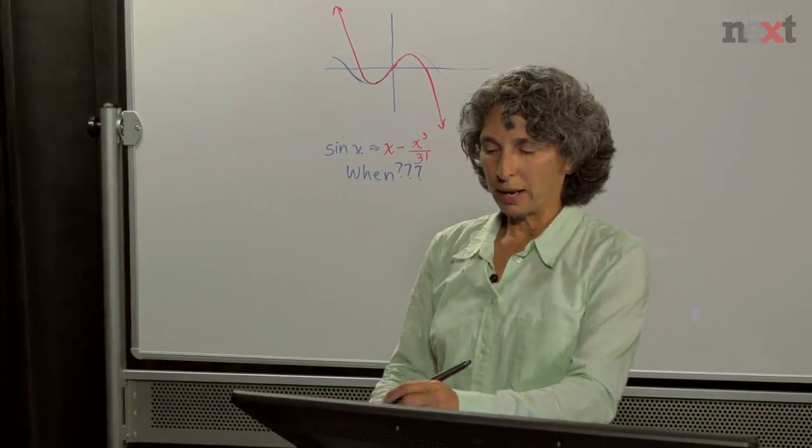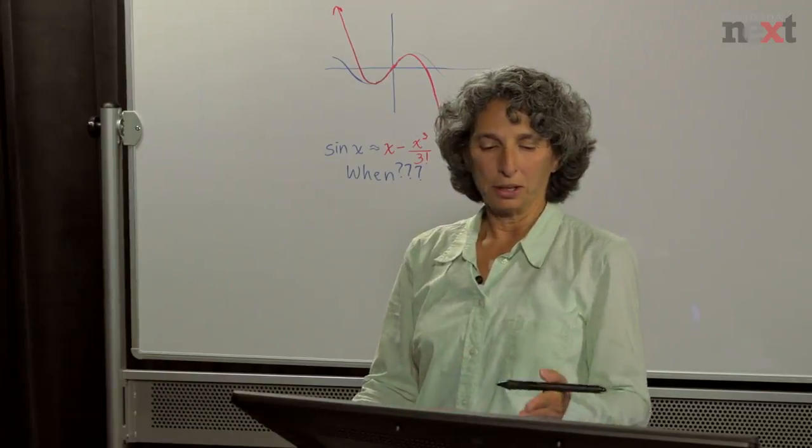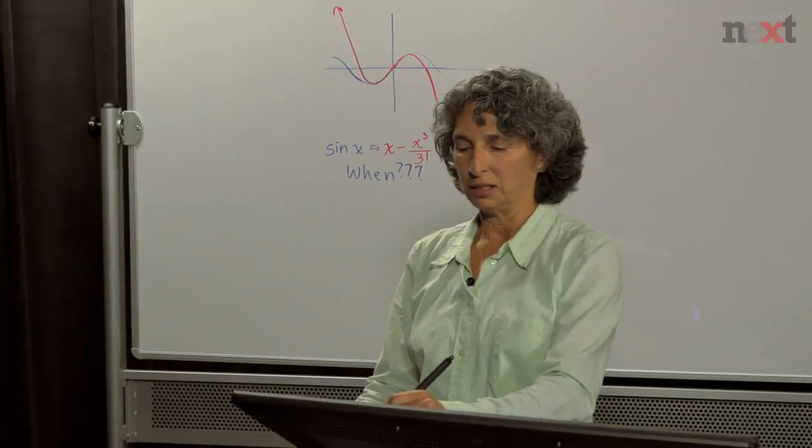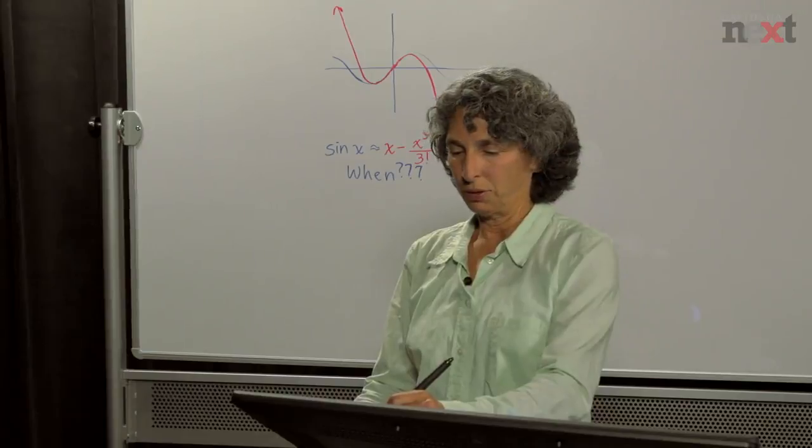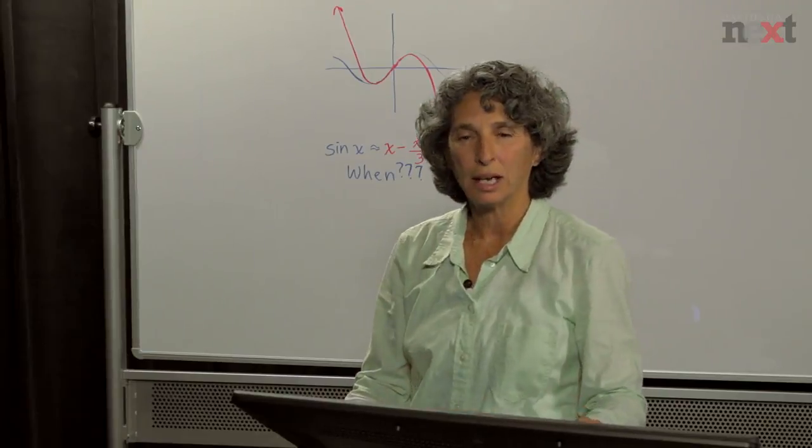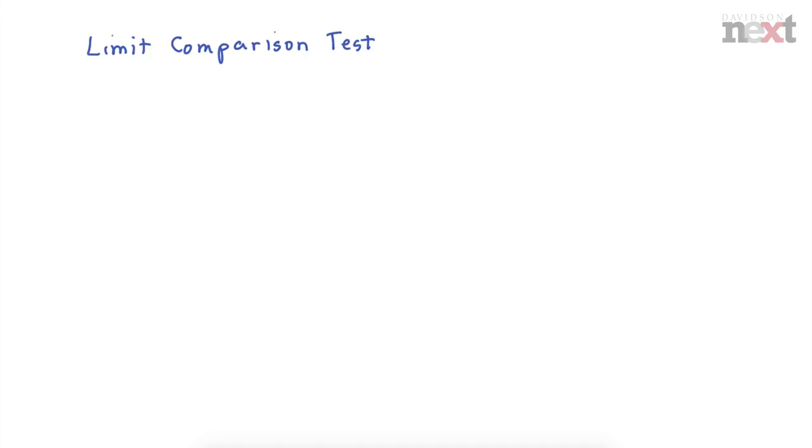In addition to the direct comparison, because sometimes that direct comparison is a little difficult, we have what we call the limit comparison test. The limit comparison test is similar. We compare the limit of the ratio between our terms and another series whose behavior we know.